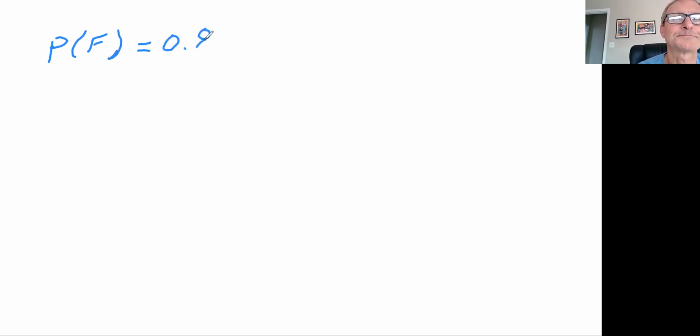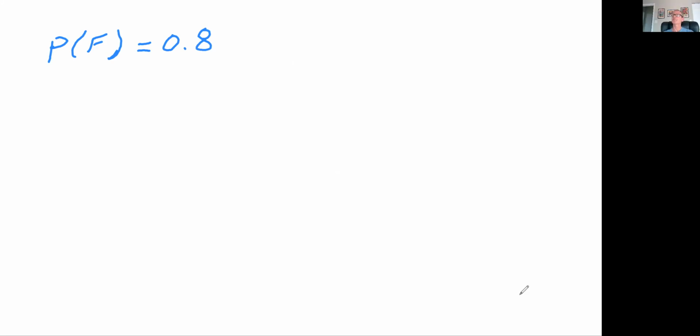First one is this one here about finding flaws using inspectors. What it says is that if a flaw is present, each inspector has a 0.8, or 80%, probability of finding it. So let's say the probability of a flaw being detected is 0.8. And then, whoops, I don't think I'm sharing my screen, but that's okay.